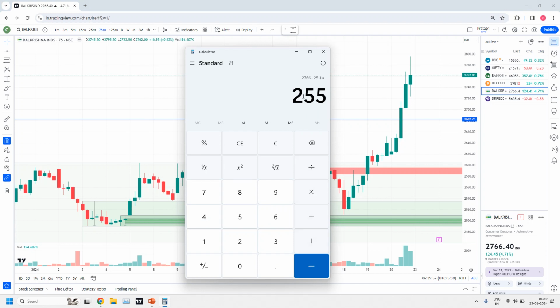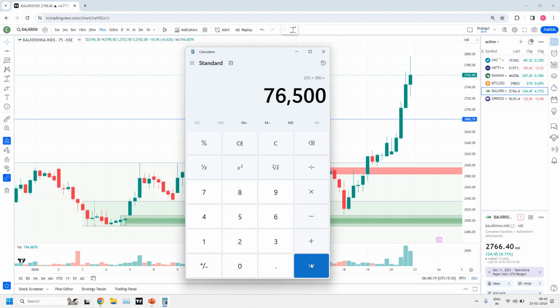You would have got 255 rupees profit for one share, and the lot size of one futures is 300 for Balakrishna Industries. So 255 into 300, 76,500 rupees profit you would have got in just 3 trading days.